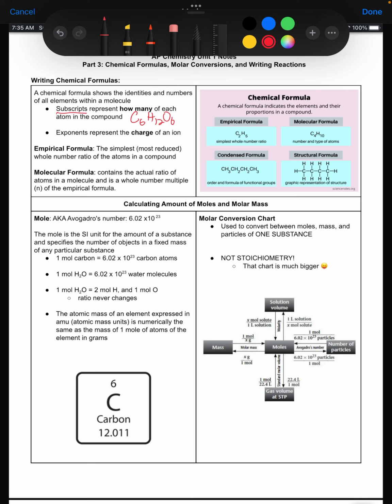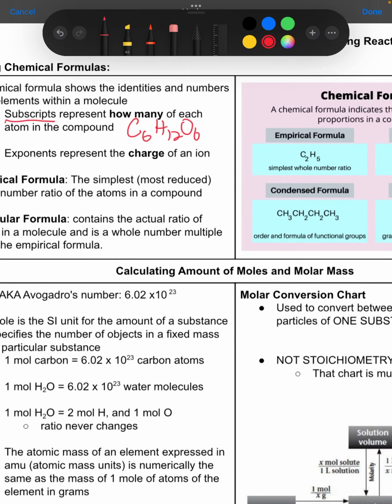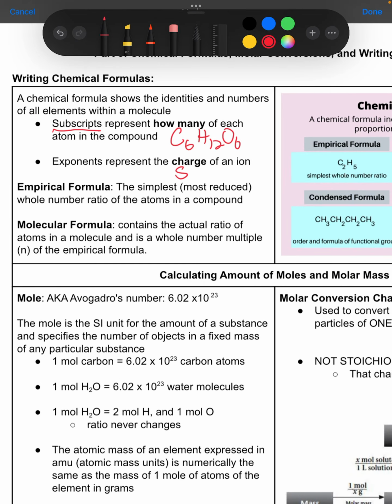However, if you have an exponent attached to a chemical formula, like we've seen before with our polyatomics, SO4 2 minus, I don't know why I put a plus there, it's minus, or even NH4 plus, or even our single elements, if we have a bromine with a minus charge, any of that is going to represent a charge specifically.